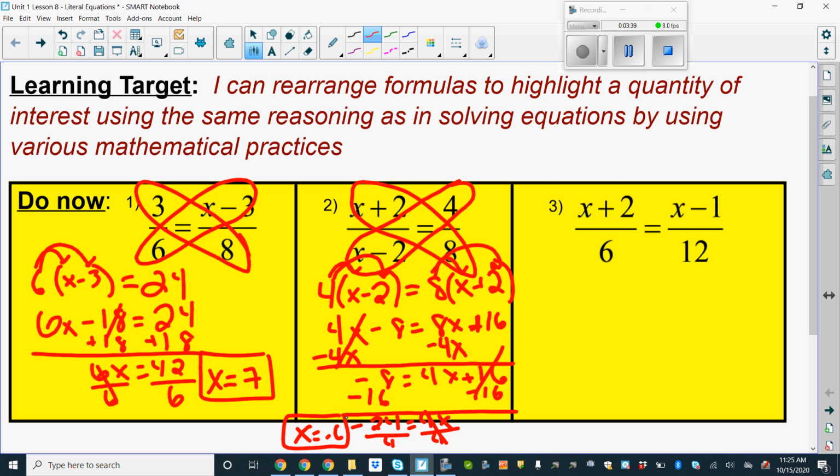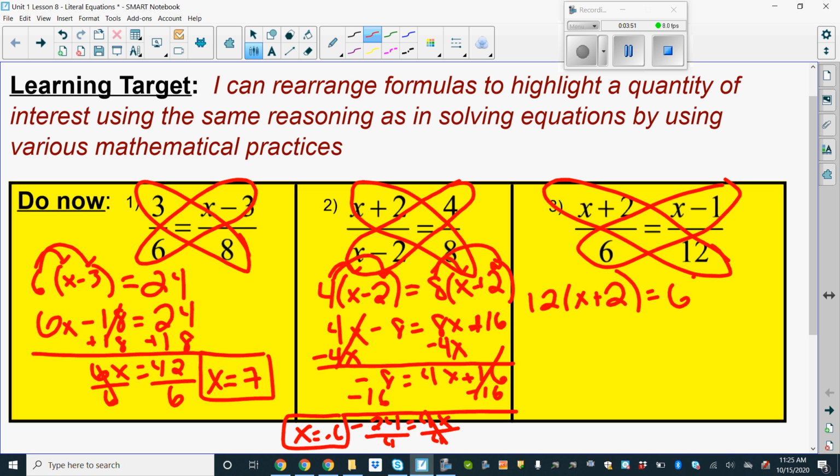And lastly, we have 12 times (x plus 2) equals 6 times (x minus 1). When I distribute, I get 12x plus 24 equals, now I distribute the 6.